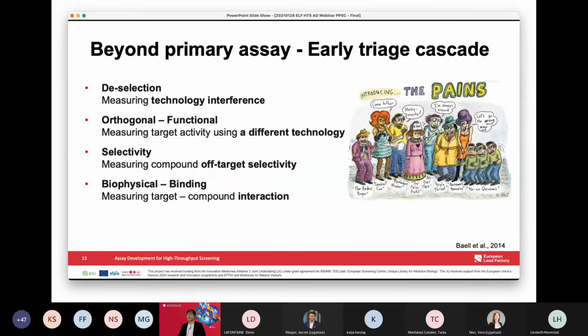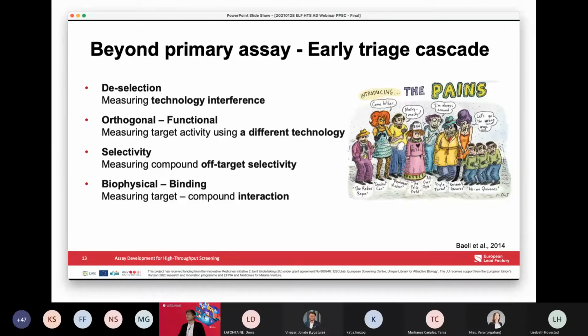To this end, in order to find high quality hits after the primary screen, one needs to have an appropriate hit triage assay cascade in place. This is usually based on theoretical or empirically found liabilities of the primary assay. Typical follow-up assays are, for example, deselection, also called counter screen assays, a process to get rid of anything that is interfering with your readout technology.